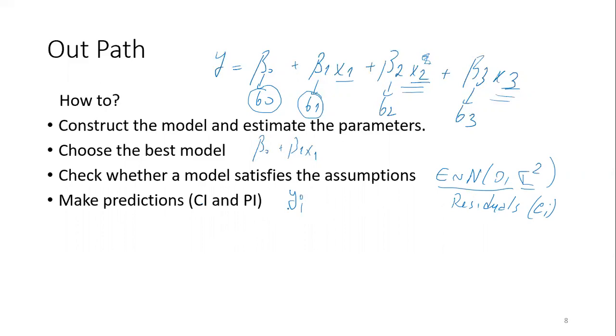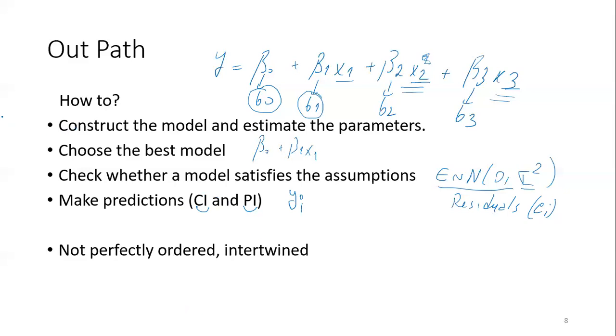For example, if I put this percent meat, this percent potato, this percent vegetables, and this percent spice, then what is the estimated like rate of my meal? So this is what we will do. Then we will construct confidence intervals on specific x values, and make prediction intervals on those specific values.